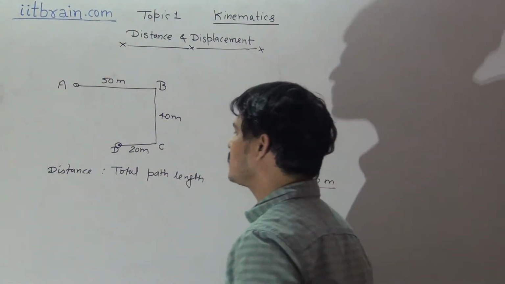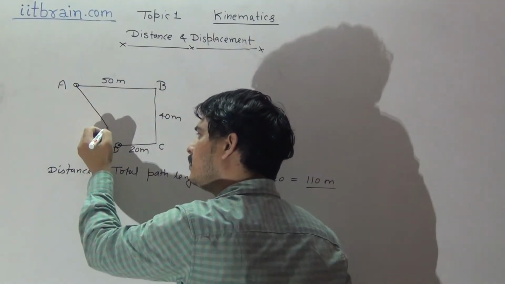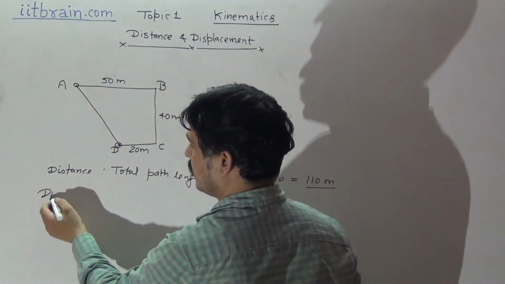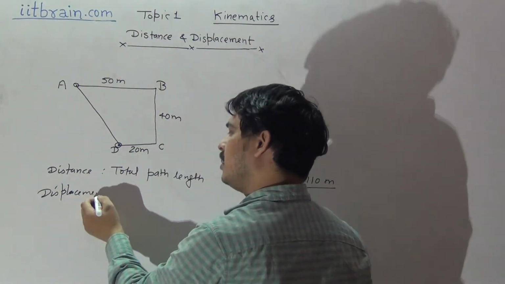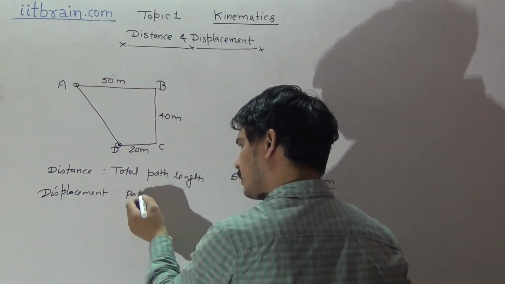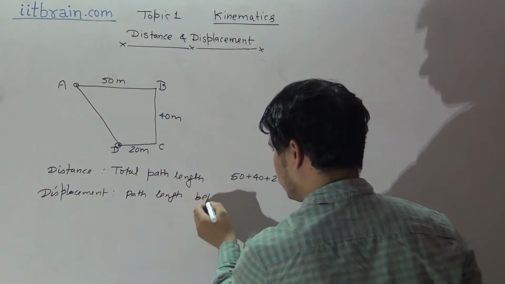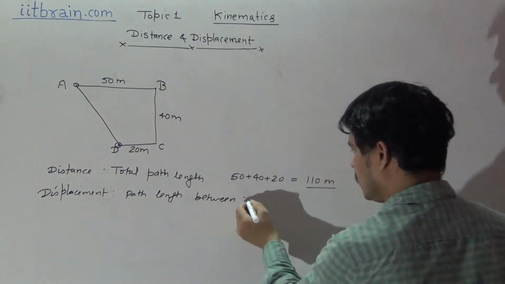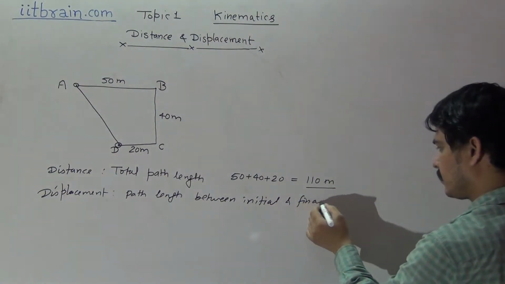But displacement is something different from distance. It is the direct path between the initial and final point. It means displacement is equal to the path length, again a length, between the initial and final point.